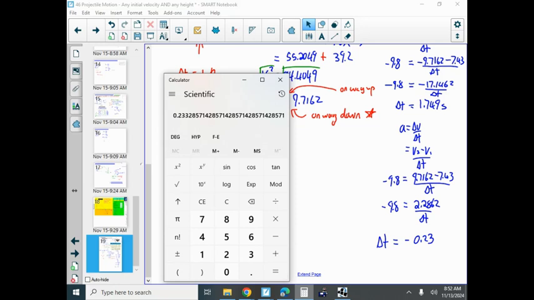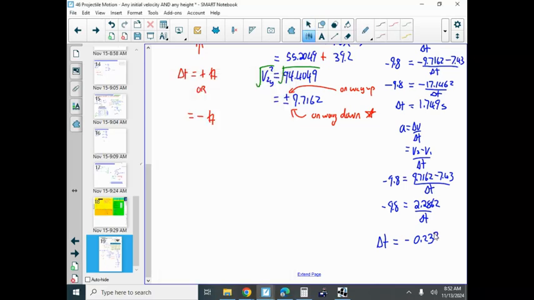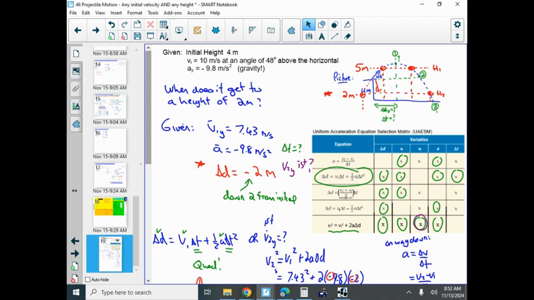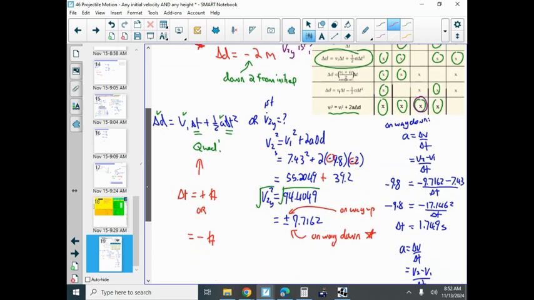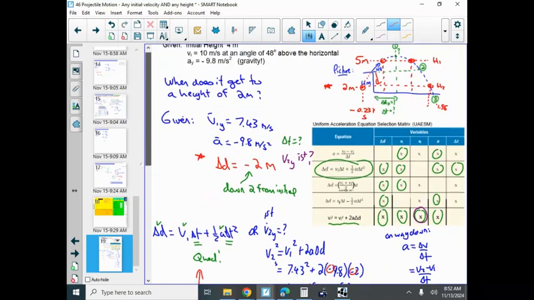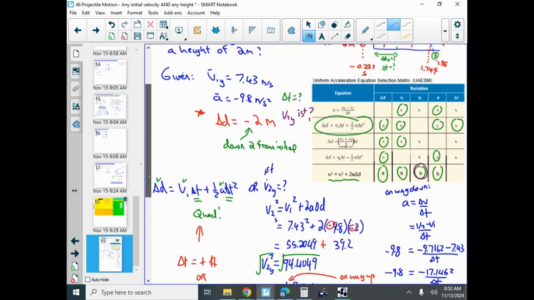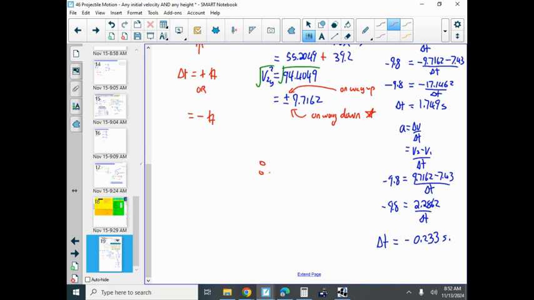And this would be the negative 0.233 seconds, and this would be before the 1.749. Obviously a therefore statement to do with that kind of thing could be constructed, and it works.